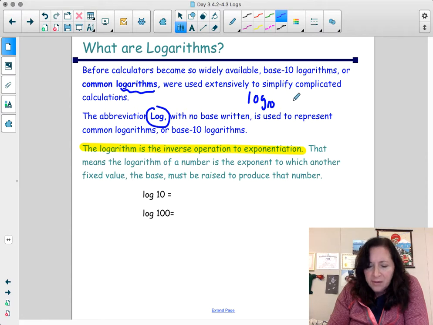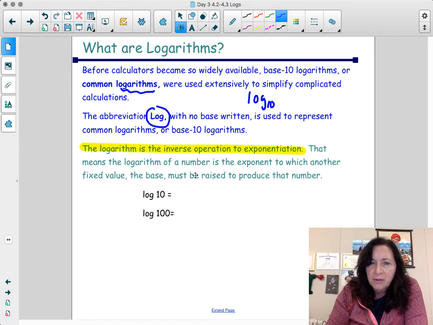In the United States, our base is 10. We have 10 digits, 0 through 9. Different countries, different places have different bases because they have a different numerical system. So ours is based on base 10, and that's what we do.